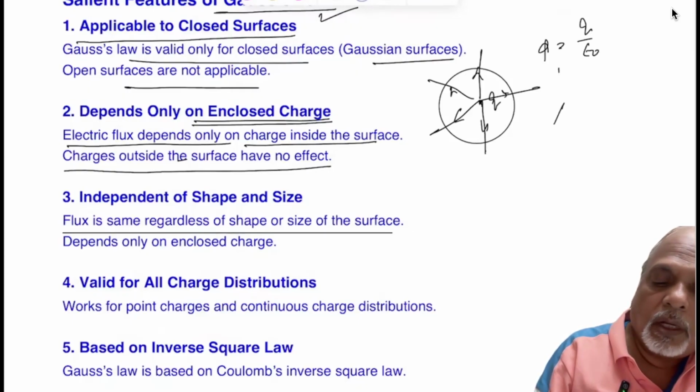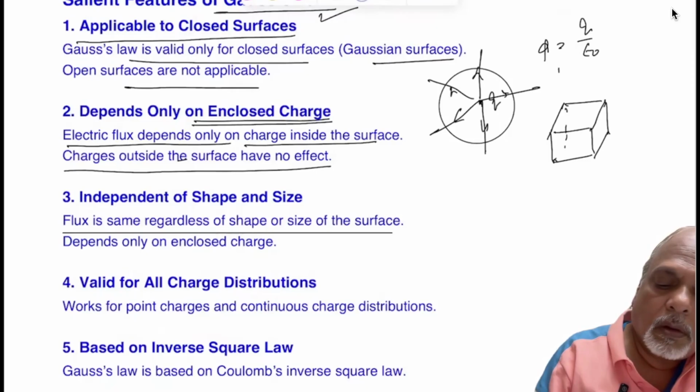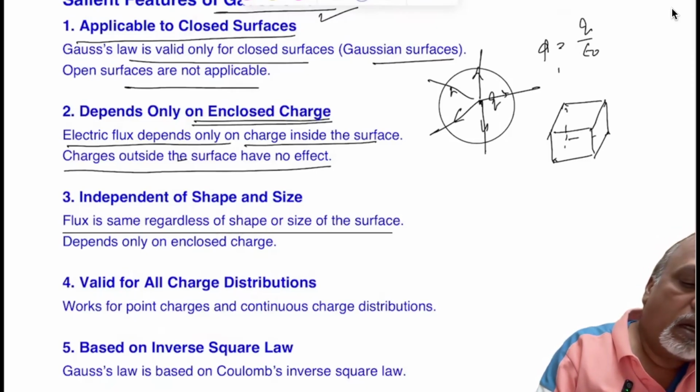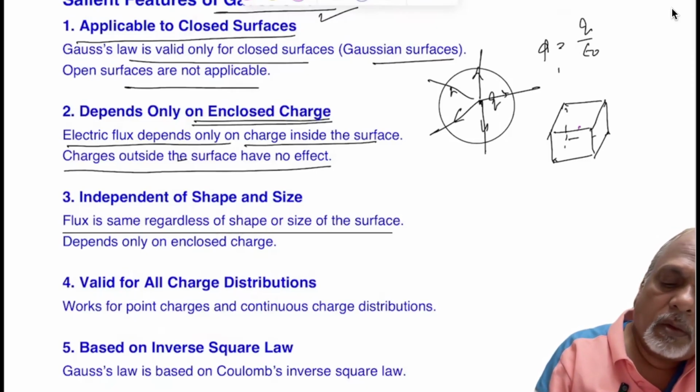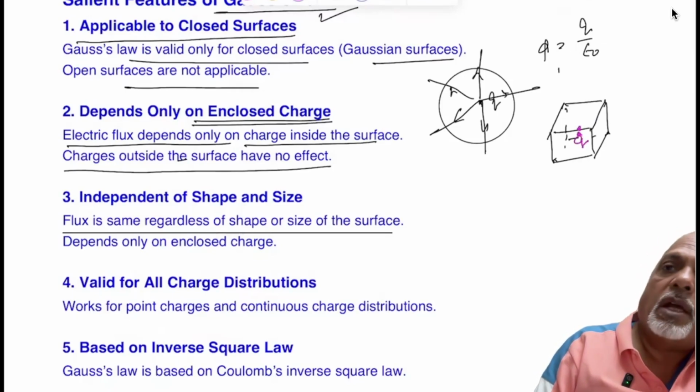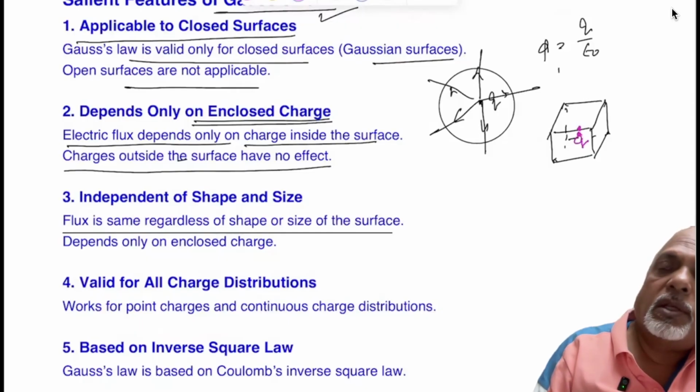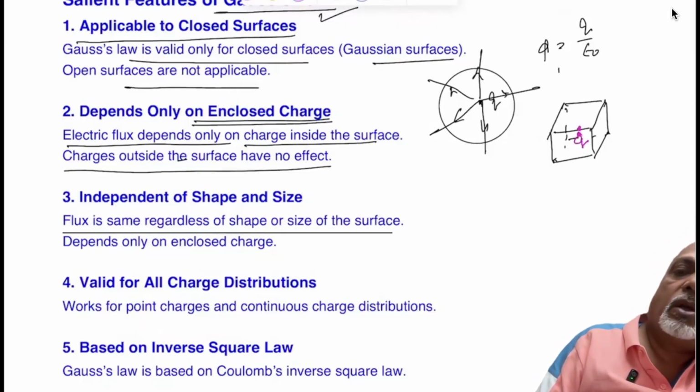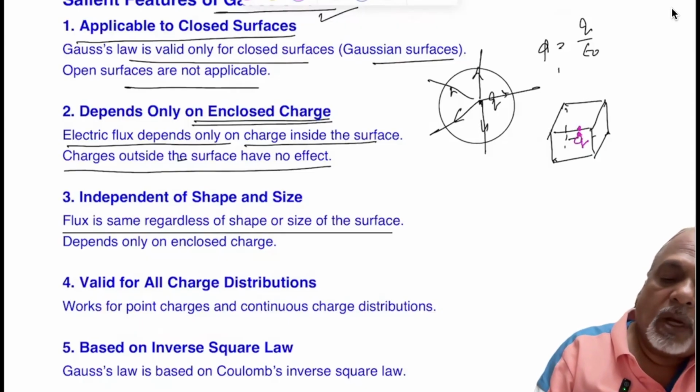Suppose you have a cube and at the center of the cube, Q charge is there, then the flux passing through this cube is nothing but Q upon epsilon 0.